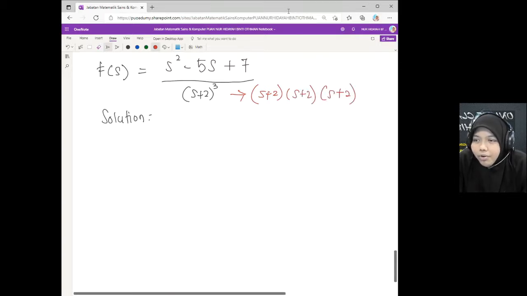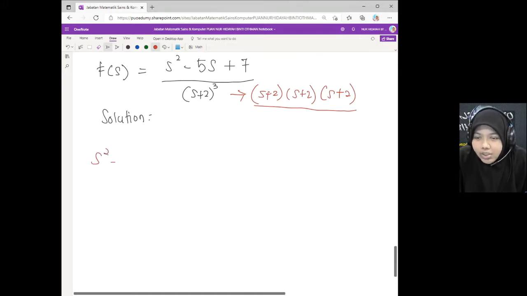Actually this is the form of s plus 2 to the power of 3 lah. So if we look at this form, this is a linear function lah. Bila kita dapat dalam bentuk linear function, kita cuma perlu divide ikut berapa factorize dia, berapa kali pemfaktoran dia. Macam ni ada 3 kali.